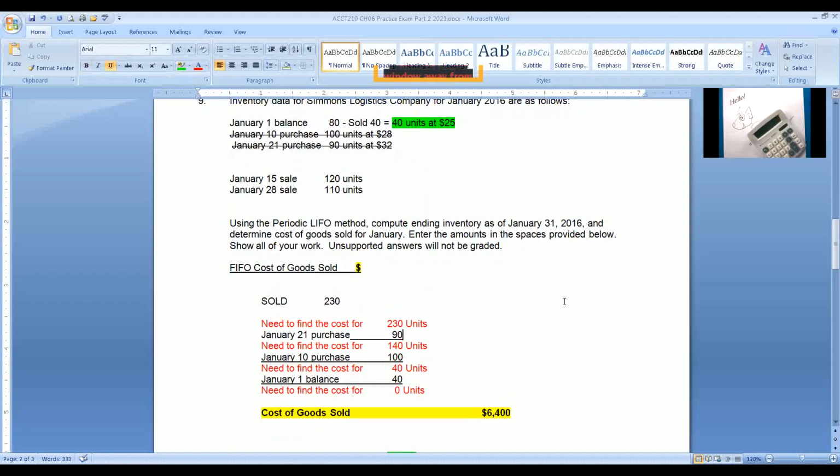Okay, so we have to start plugging in some numbers in here. So this would be times the first ones were at $32.